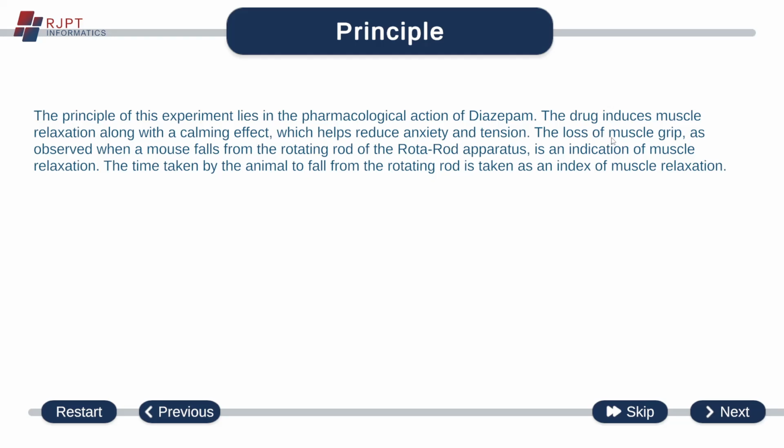Due to that, the loss of grip of the animal is observed, and when the mouse falls from the rotating rod apparatus, that is an indication of muscle relaxation. So when the muscle starts to relax, the rat loses its grip and falls from the rotating rod. And the time taken for the animal to fall from the rotating rod is the index of muscle relaxation.